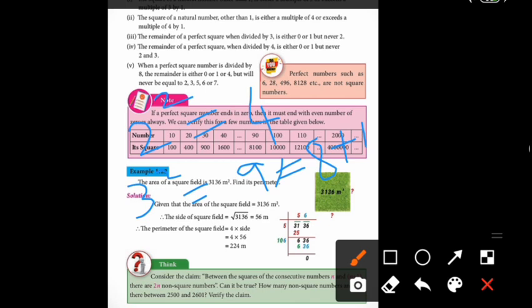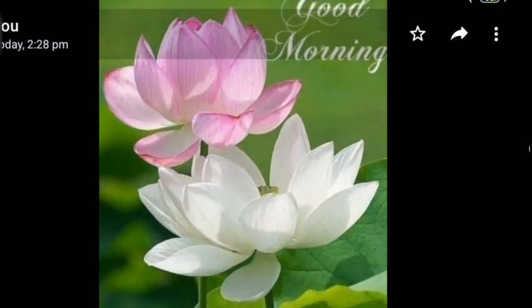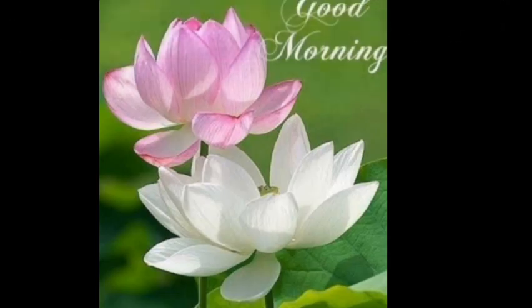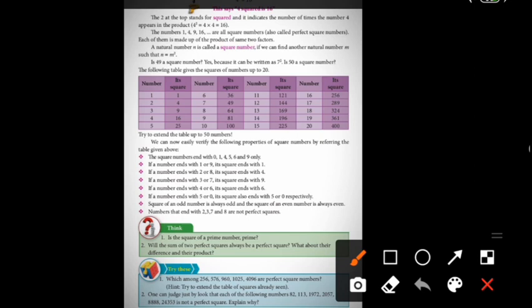Next, the third subdivision. The remainder of a perfect square when divided by 3 is either 0 or 1 but never 2. Remainder of perfect squares. These are all the perfect square numbers: 1, 4, 9, 16, 25, 36, 49, 64, 81, 100, and so on.